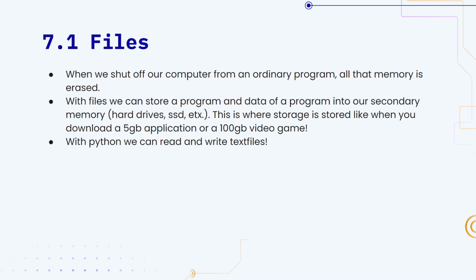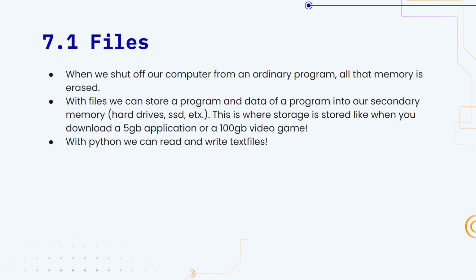You might think of this as the storage on your phone when you download a game or apps, and even the storage on the computer that you're using to code, where you're downloading games, apps, browsers, and all that. So in Python, we can actually read and write on text files, which is where text is stored.